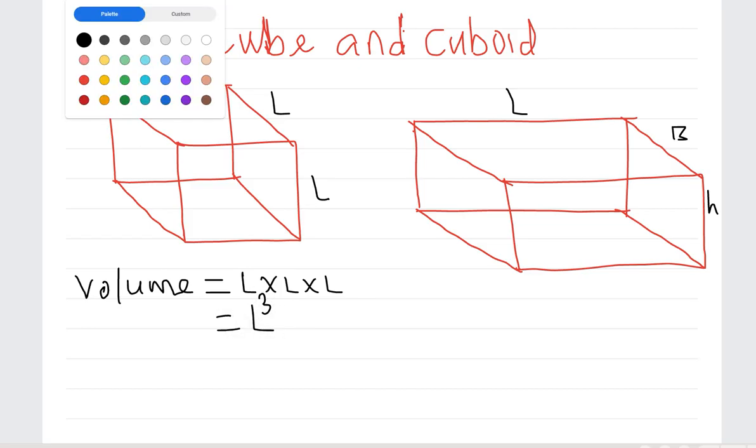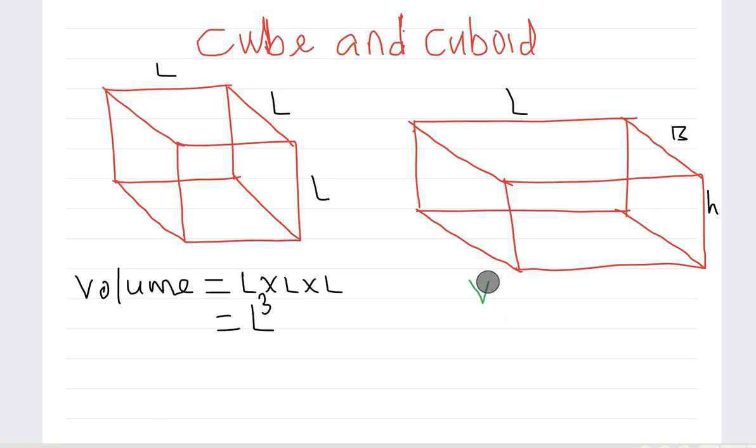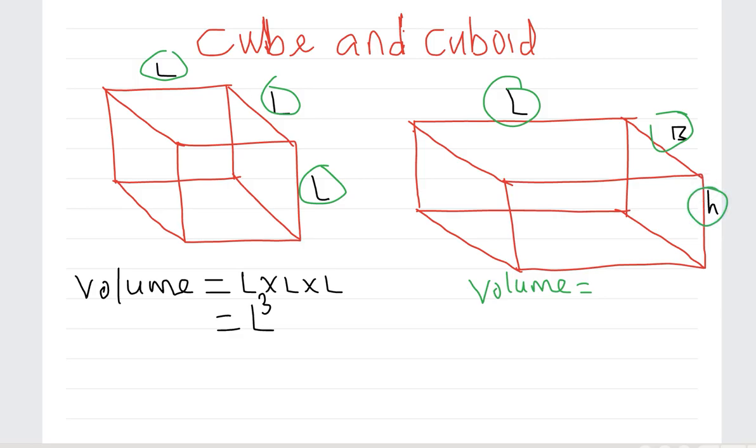But for the volume of a cuboid, this one is not length times length times length. It is length times breadth times height.